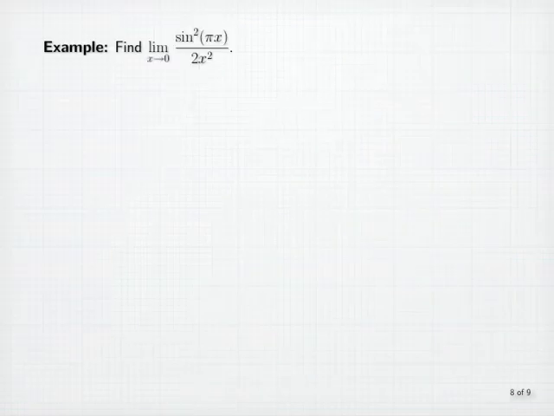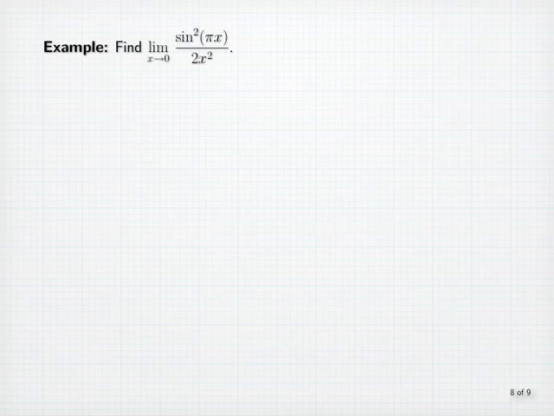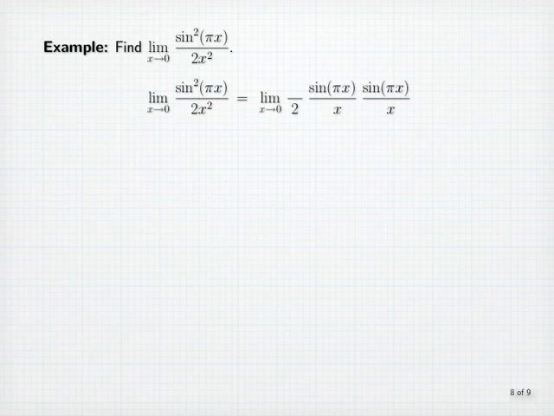Another example. Find the limit as x approaches 0 of sine squared pi x divided by 2 times x squared. Now the first thing we'll do here is break apart the expression into the product of three fractions. Two of those fractions involve sine of pi x in the numerator. Since we have x's in each of those denominators, we would like to have a factor of pi in each of those denominators as well.